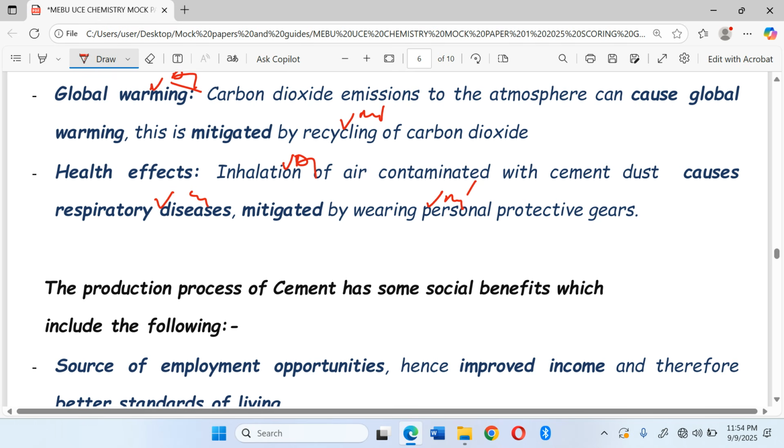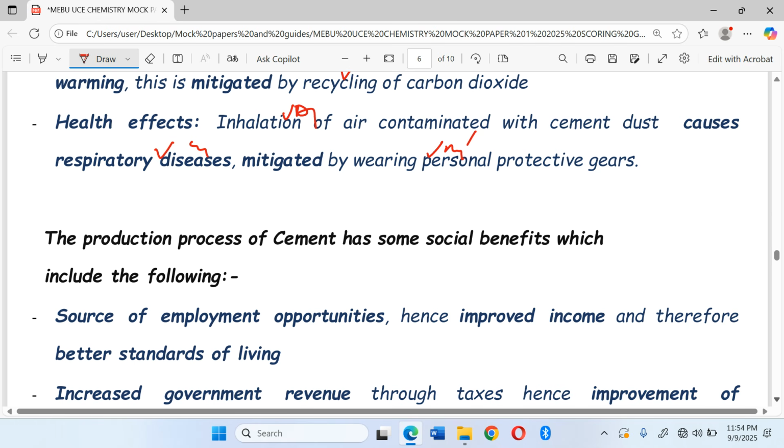Let's also see the social benefits of the production process. We don't need to forget this. It is not the social benefits of cement, but the social benefits of the production process of cement.